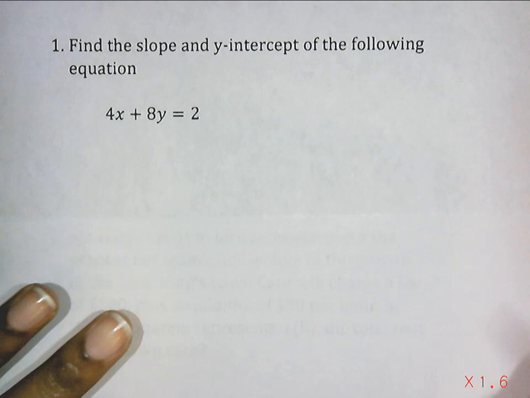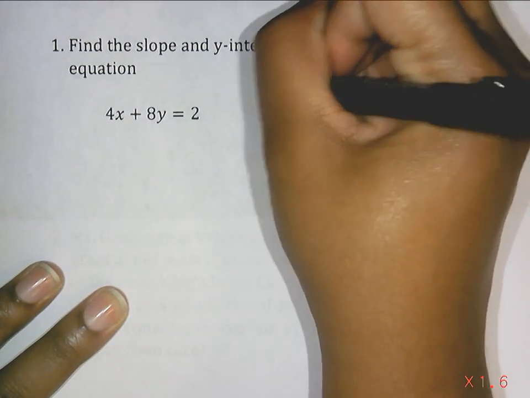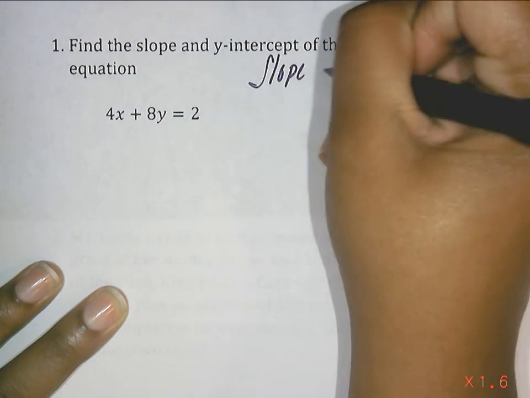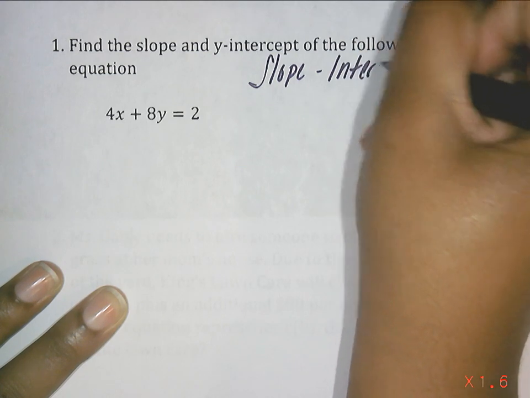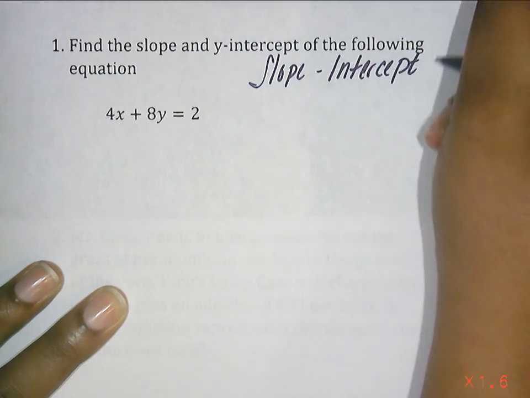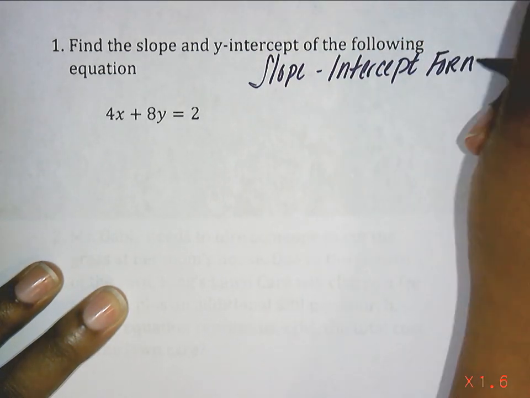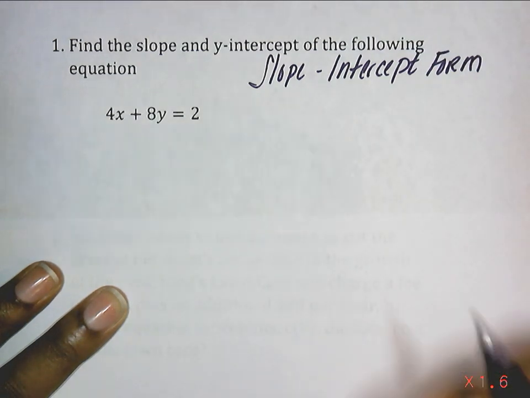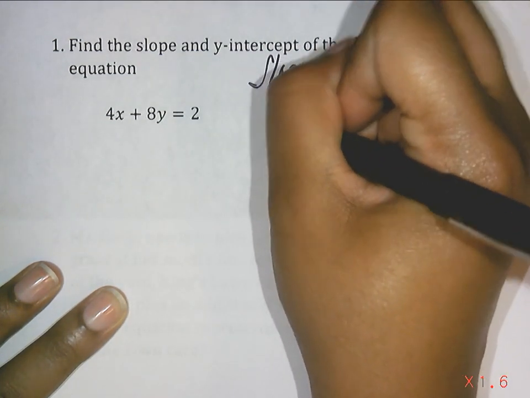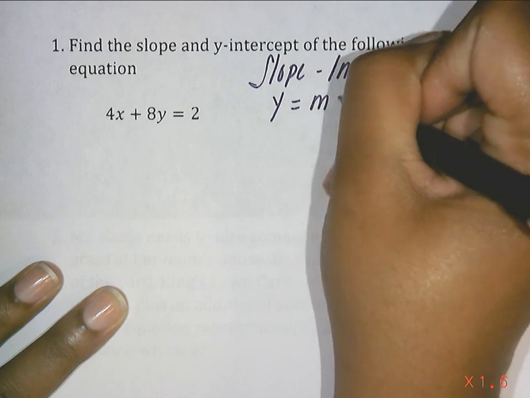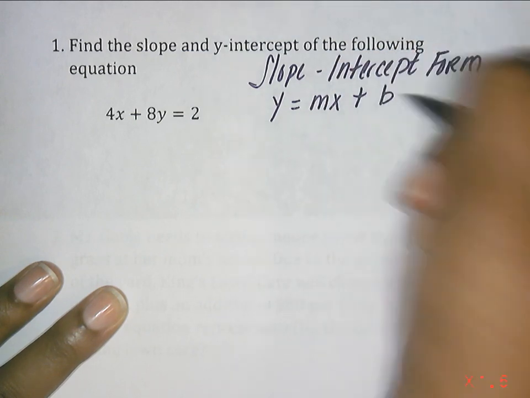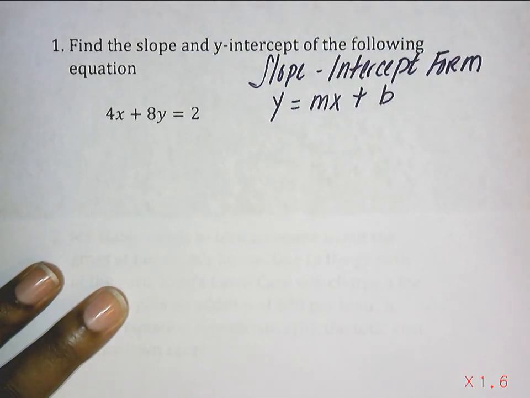What I'm thinking that you're used to seeing is slope intercept form. And for slope intercept form, you would normally get an equation that looks like y equals mx plus b. That could be true, okay?